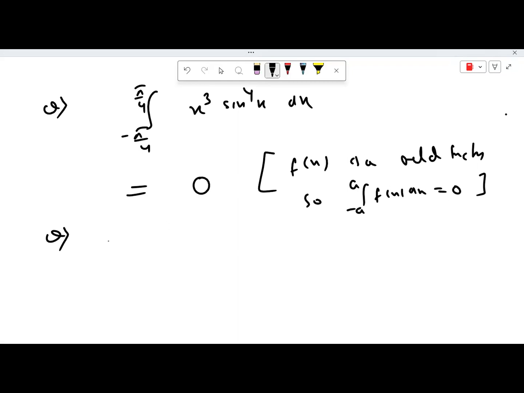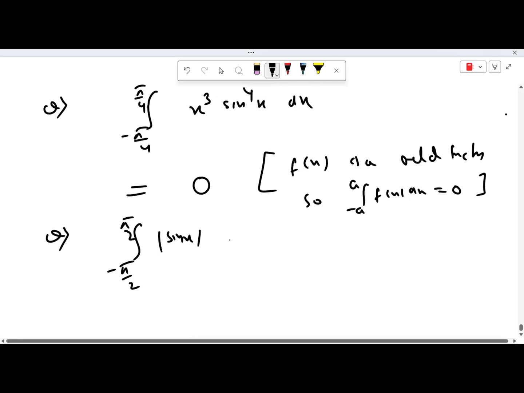Okay, sir. So integral from minus pi by 2 to pi by 2 of sin x mod x. Please find the answer to this question.